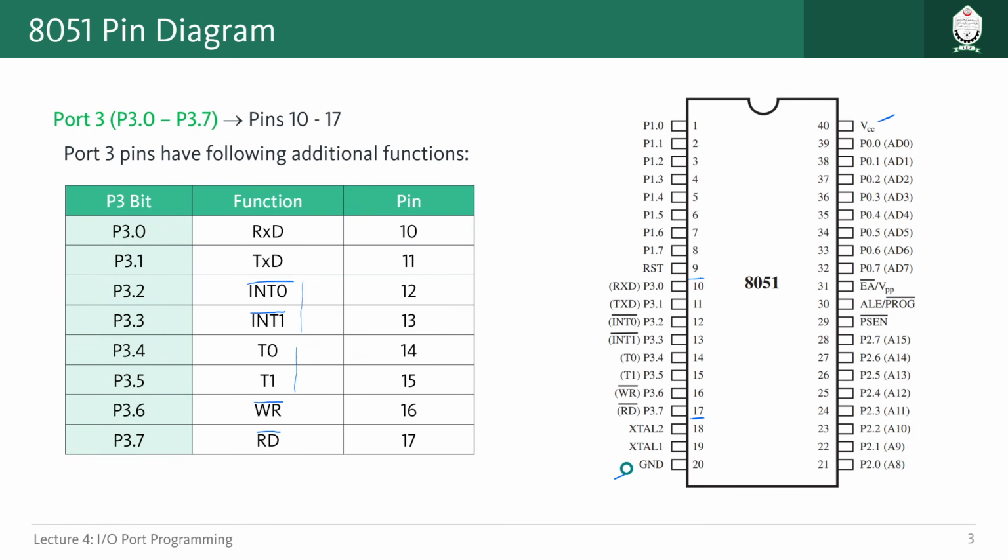There is another one, the RST or reset pin, which we will discuss in detail in the next page. Then we have crystal 1 and 2, pins 18 and 19. These are used to connect the crystal oscillator to give the frequency of our microcontroller. And then we have these 3 pins, EA, this one and this one. For now we don't have to worry about these 3 pins, we can just skip those.